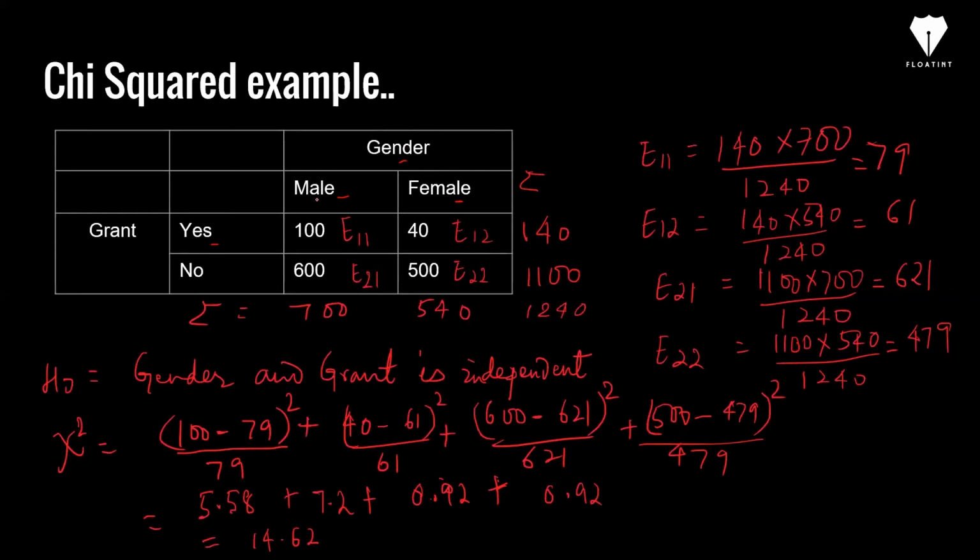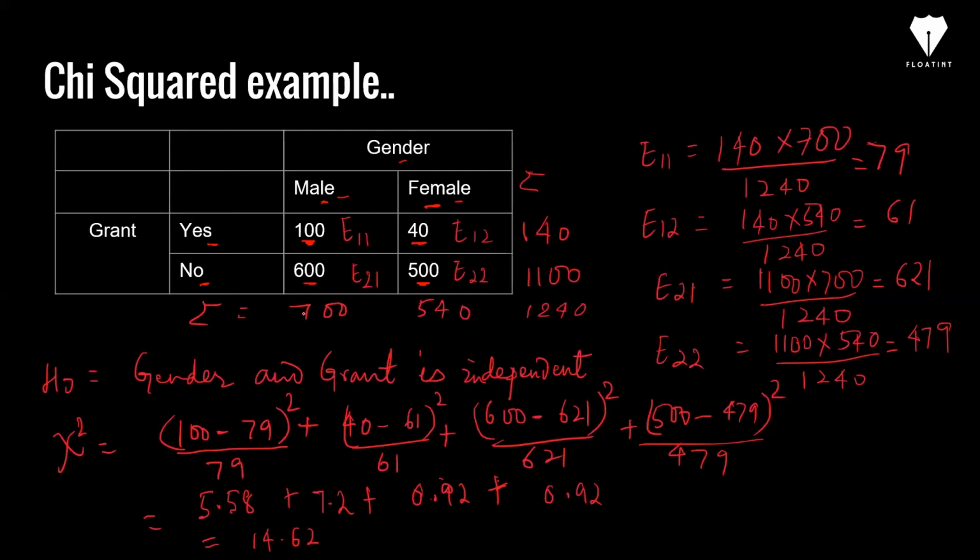So how many males? Here, males whose scientific journal was accepted is 100, the actual value, and no is 600. The female accepted is 40, and here for female the no is 500. All right. So here, the simple thing, how you calculate: I have taken the sum, 100 plus 600.